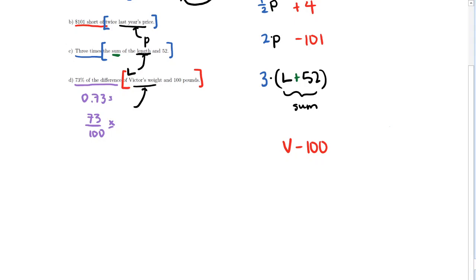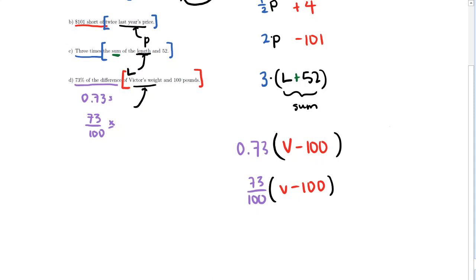So here we're taking 73% times not just V, but the result of this difference. And there we go, that's our expression. 0.73 times V minus 100, or we can write this as 73 over 100 multiplied with V minus 100.